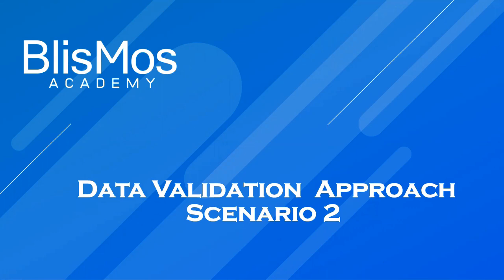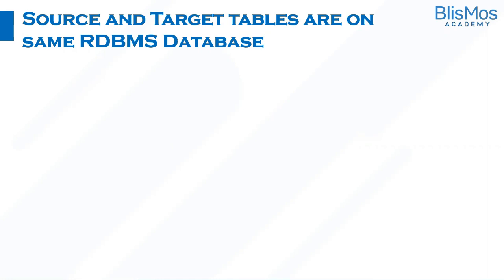As a part of this video, we will understand the data validation approach for scenario 2. In the previous video, we understood what should be the validation approach when source and target tables are on the same RDBMS database and in the same server.